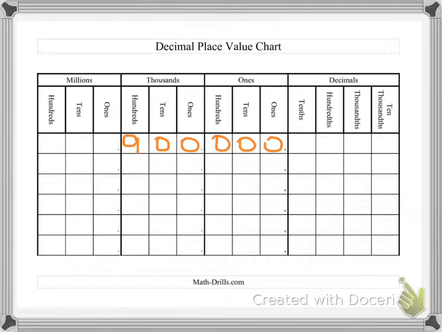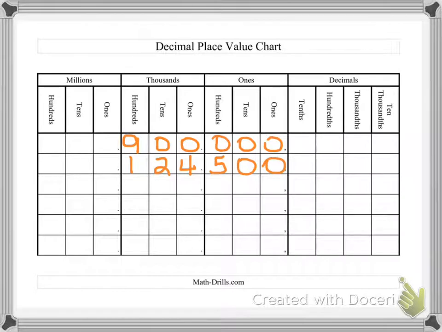You can see that I have filled in digits in 6 of those place value spots. So how would we say this number? 900,000, because we've got a 9 in the hundred thousands position, and then we don't have anything else in the other places, so we just have 900,000.